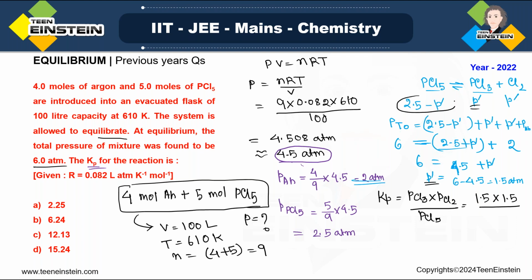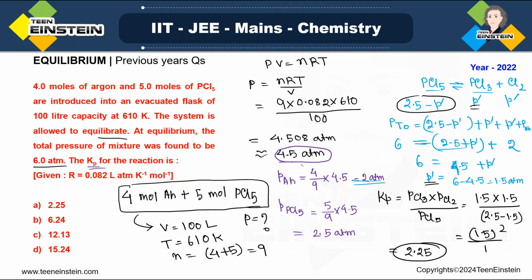PCl5 value is basically this one, 2.5 minus P prime, and P prime is 1.5. So in the denominator it is basically 1. So ultimately you are left with 1.5 squared divided by 1, that is equal to 2.25. So this is the answer, and that you can find in option A, the first option.